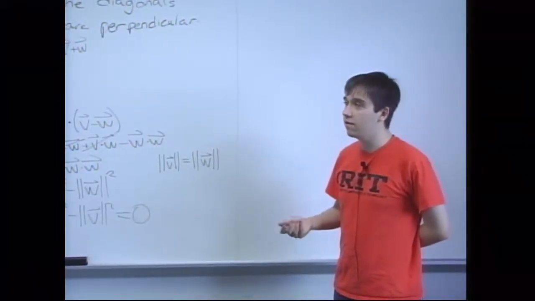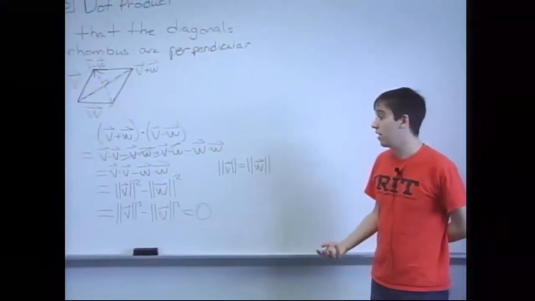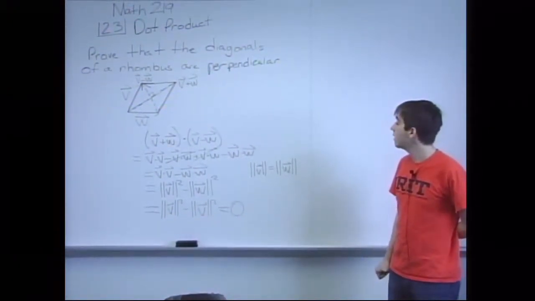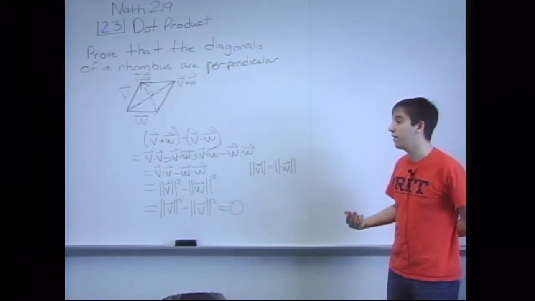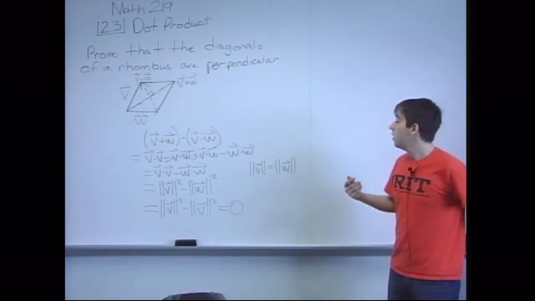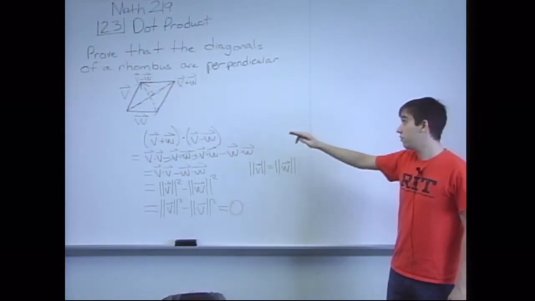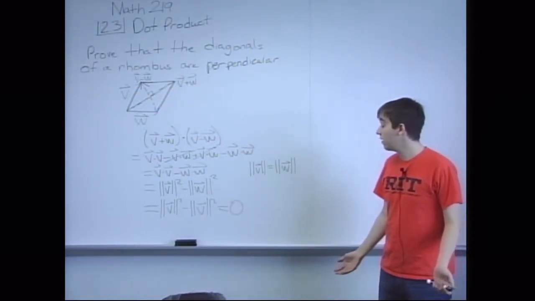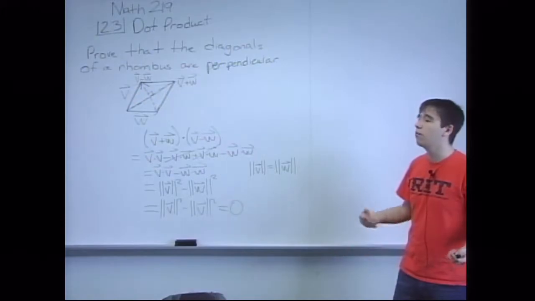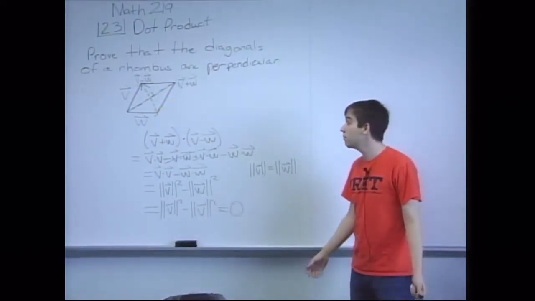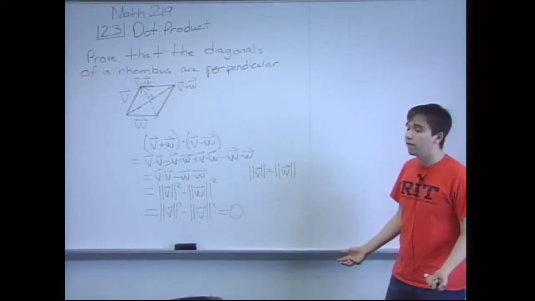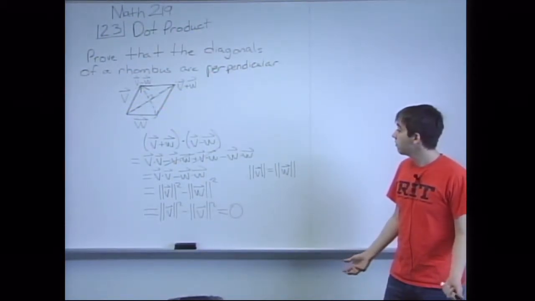That means the cosine of the angle between those two vectors is equal to 0, which implies that the angle is 90 degrees, or pi over 2 radians. So that proves that the diagonals of a rhombus are in fact perpendicular.